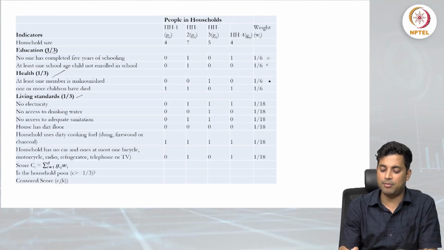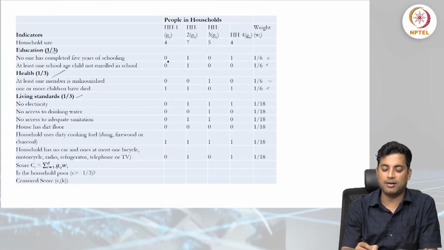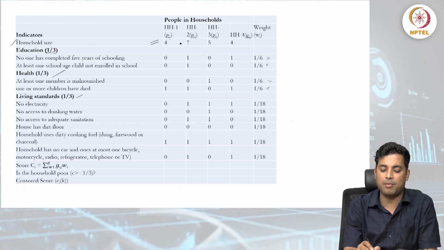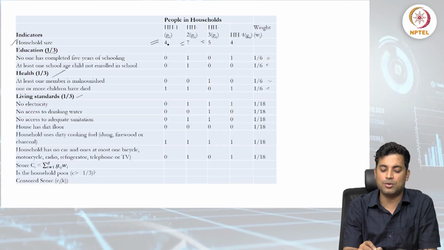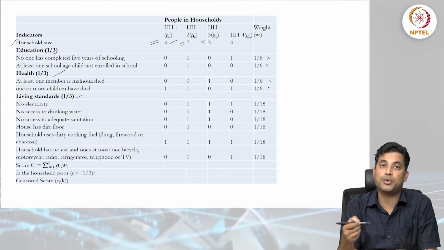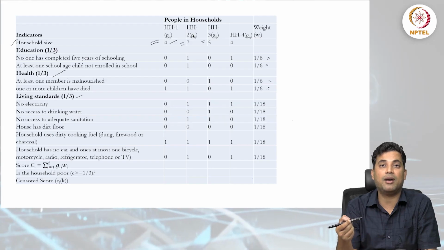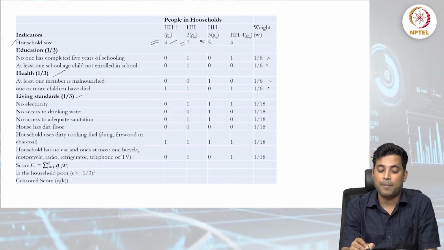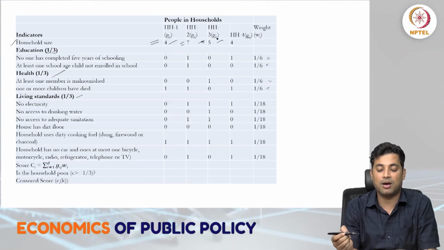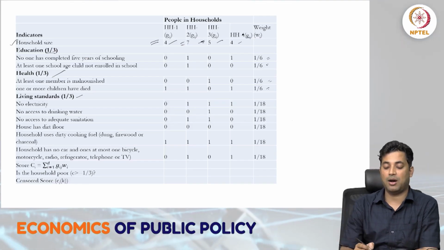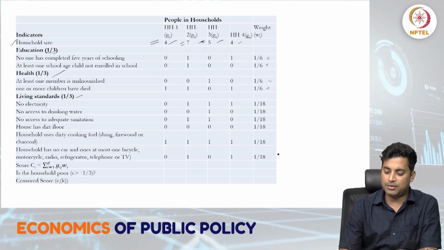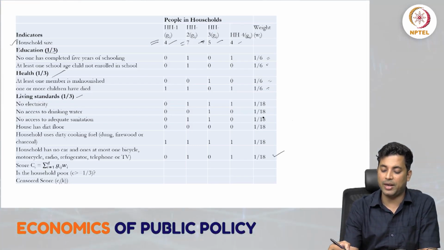Likewise we do health, and here these are the responses. The first row indicates the number of family members. The first household has 4 members, because we have to identify not only the household but also how many people are living in that particular household. Then 7 members in household 2, 5 members in household 3, and 4 members in household 4. This is how we calculate the weightage.